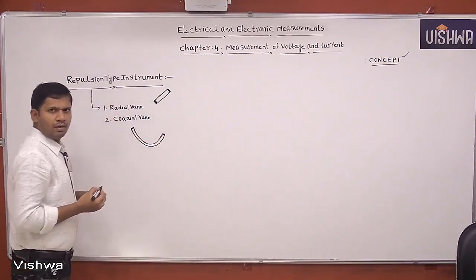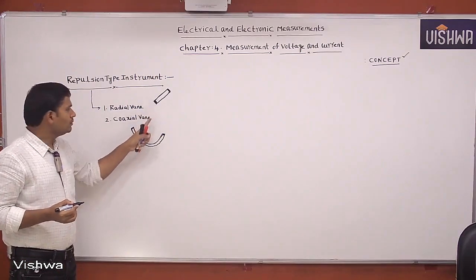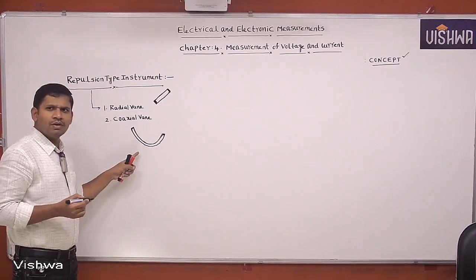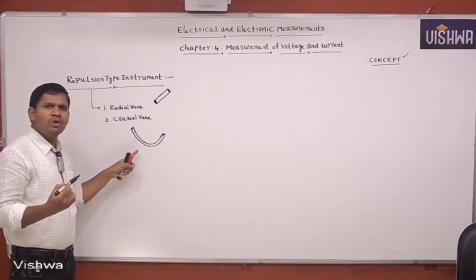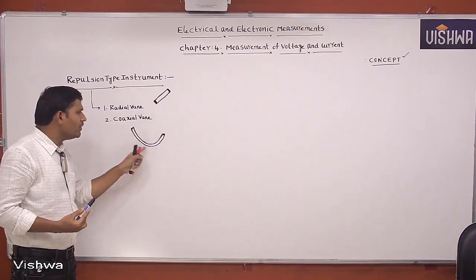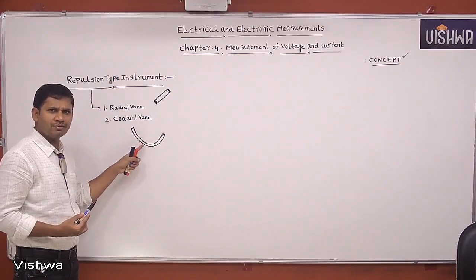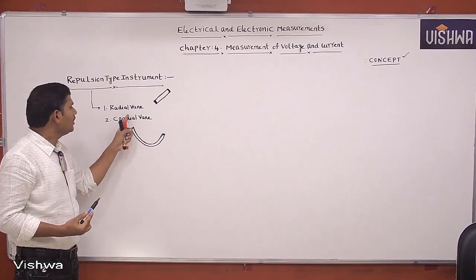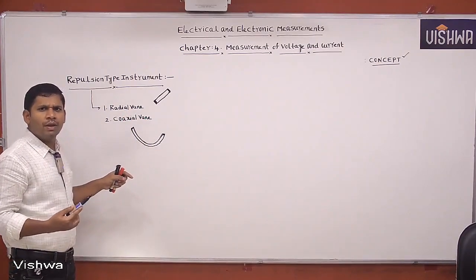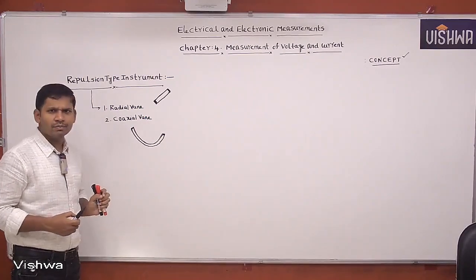As compared to the radial vane, the coaxial vane, based on this shape, provides a more uniform magnetic field around the moving system, because of this shape the magnetic field becomes more uniform as compared to the radial vane type.